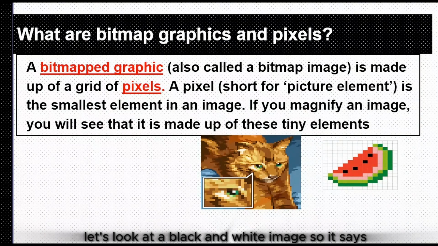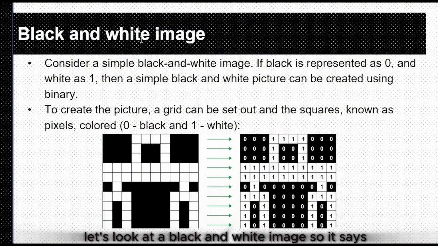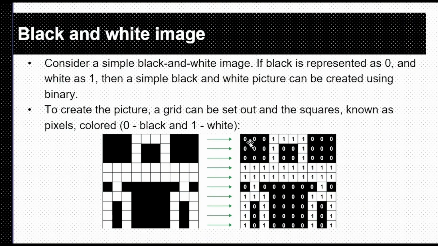Let's look at a black and white image. Consider a simple black and white image. If black is represented as 0 and white as 1, then a simple black and white picture can be represented using binary, as you can see here. The one thing you must remember, these are little pixels.